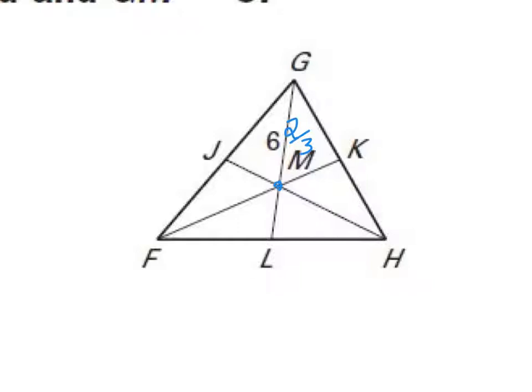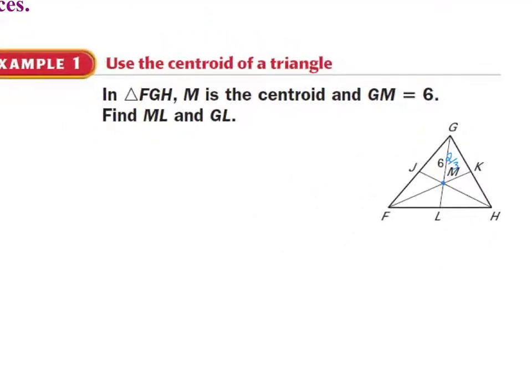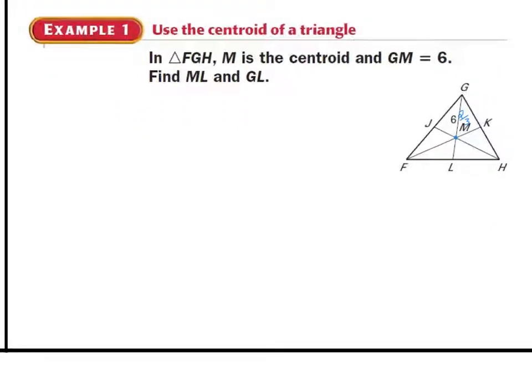I am going to ask you to write this out just for now, because not all of them are going to turn out to be that easy. And so you might actually have to do some algebra for some of them to get your answer. So I'm going to write it out. I would ask that you do the same. 6 is 2/3 of GL. And so in order to find GL, you want to solve. You can multiply by 3/2, which is the reciprocal, or you can do it in 2 steps. Start by undoing the division by multiplying by 3 on both sides.